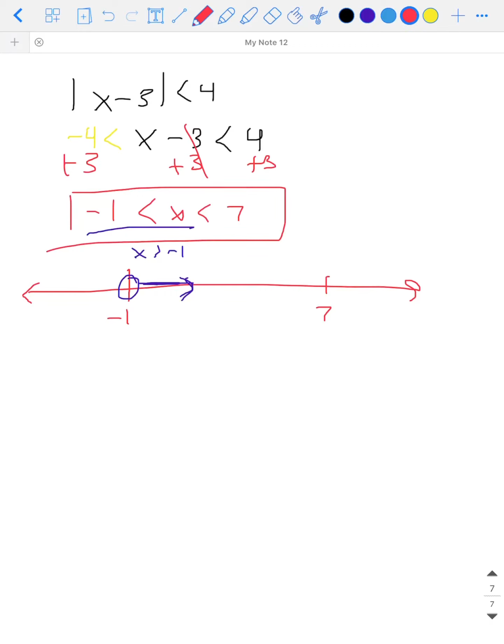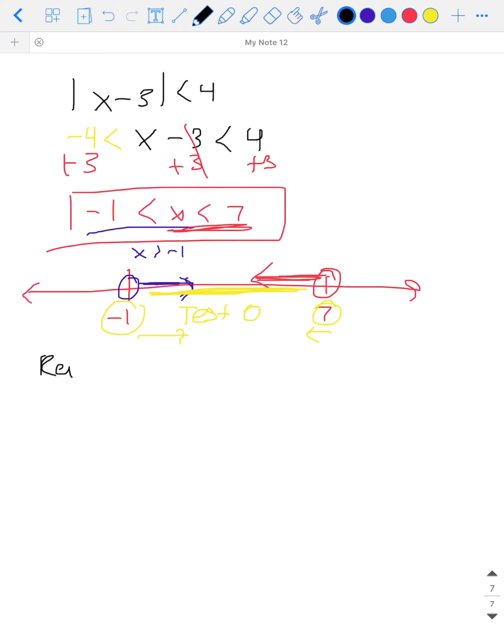And on the right side, x is less than 7. It's all values left of 7. So if you can see, there's a common shaded region between these two. In this case, we could just apply a test point that agrees with numbers greater than negative 1 but less than 7. So I'm going to test 0.